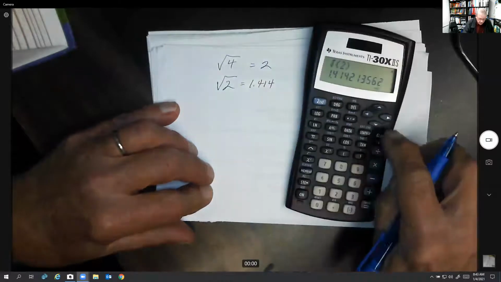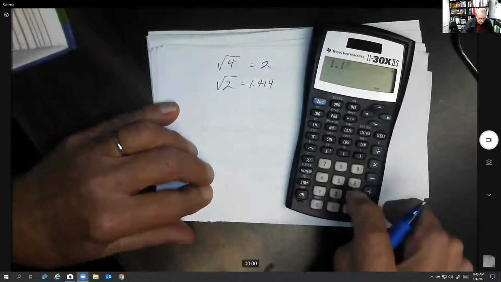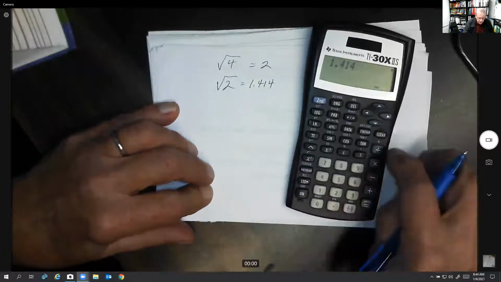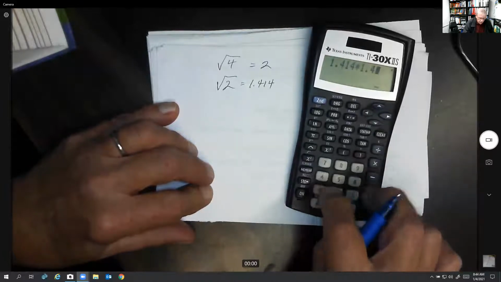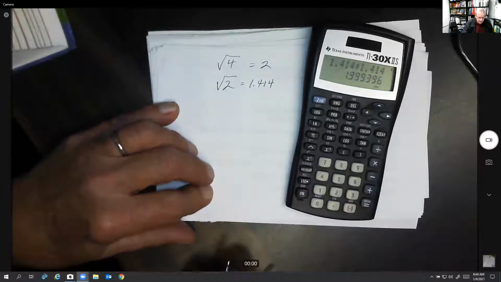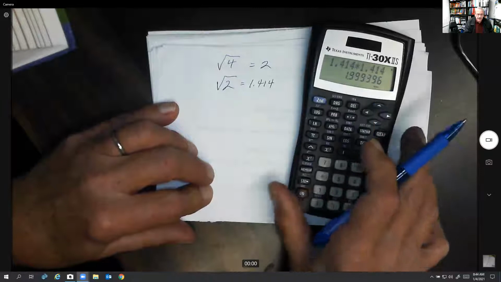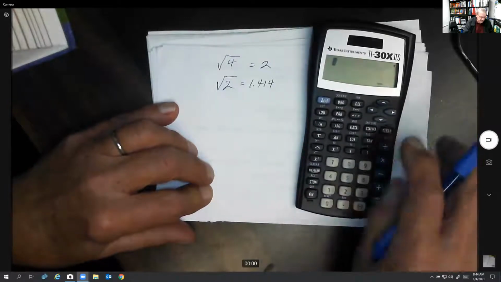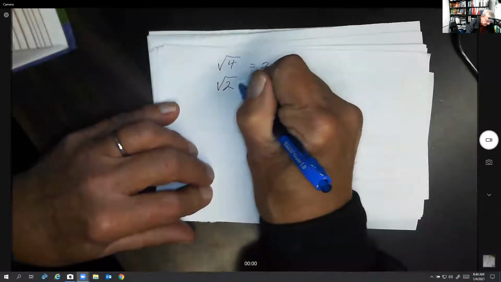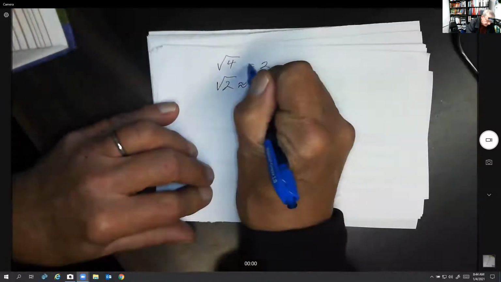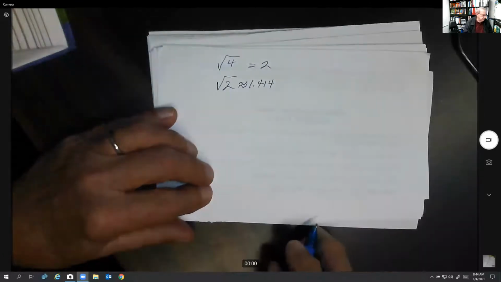If I take 1.414 times 1.414, you see I get very close to the number 2, 1.9999. So pretty close to 2. It's not exact. So if it's not exact, put a little wavy lines. If it's exact, we put an equal sign there.